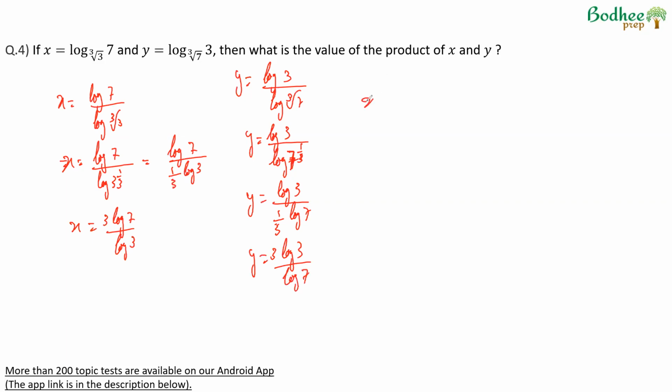We have to find x into y. So 3 log 7 by log 3 into 3 log 3 by log 7. Log 3 and log 7 cancel out. We're left with 3 into 3, which is 9. So the required product of x and y will be 9.